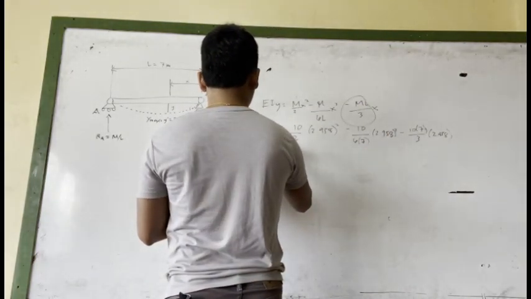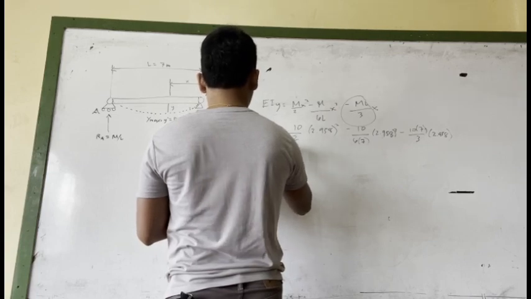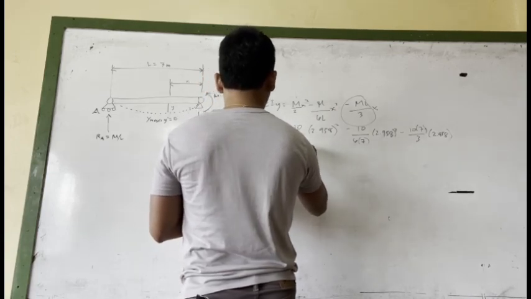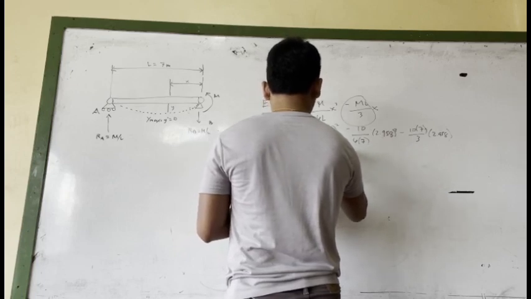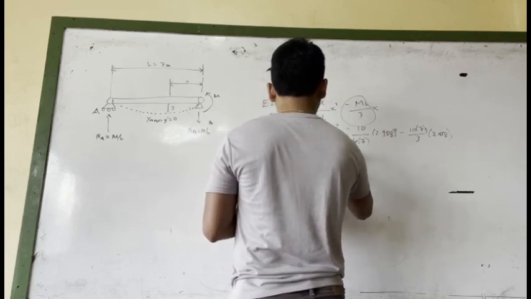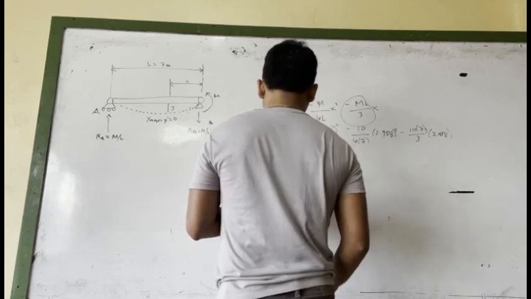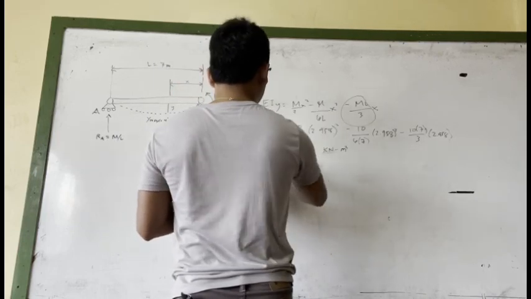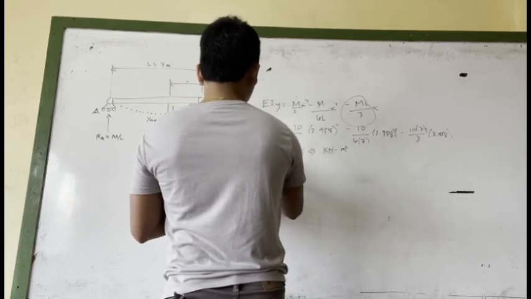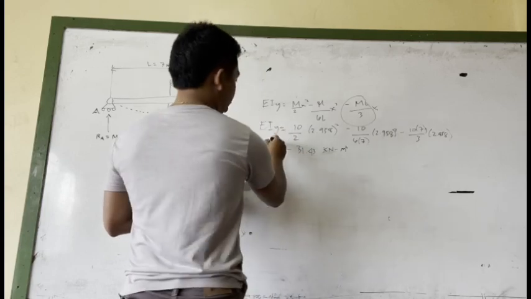So calculating it, EIy is equal to negative 31.43 kilonewton per cubic meter. And now we will multiply it with our EI.